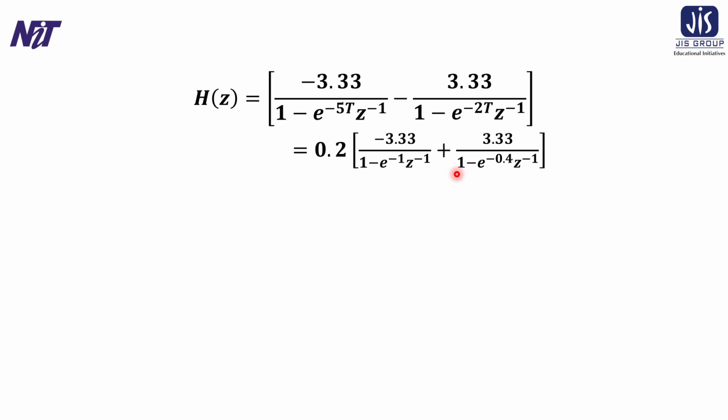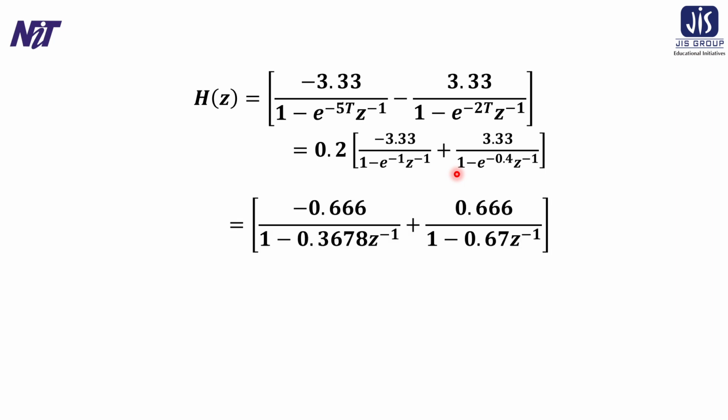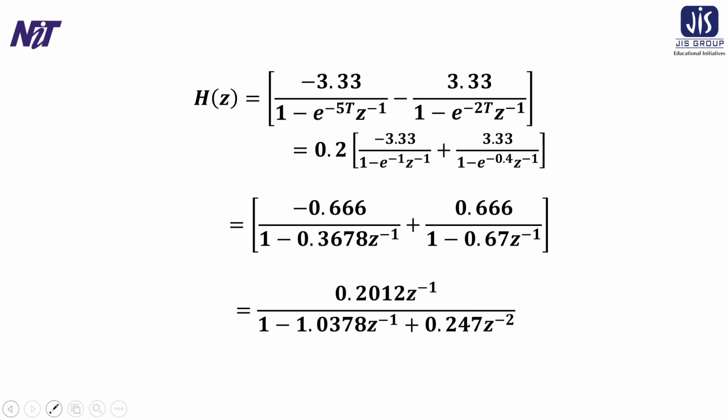Now putting the value of T, the equation becomes minus 0.666 by 1 minus 0.3678 into z to the power minus 1, plus 0.666 divided by 1 minus 0.67 into z to the power minus 1. In this way, with the help of the impulse invariant technique, you can find H(z) when H(s) is given in the problem. So this is up to today's lecture.